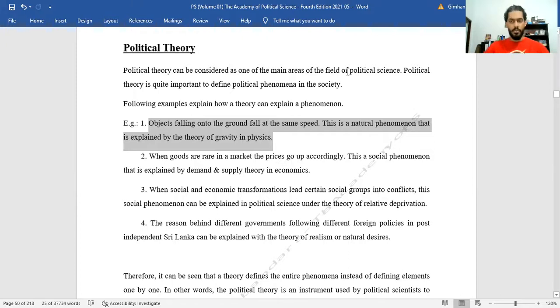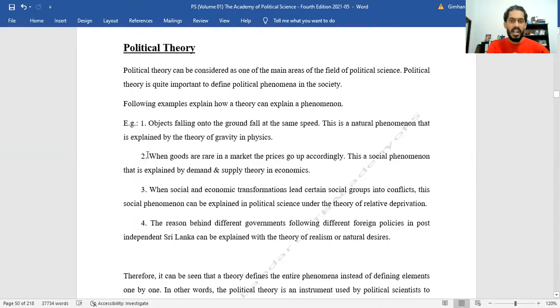So you can see when you drop a hammer and a ball, those 2 things fall onto the ground at the same time, same speed, and that's because the gravitational pull is 9.8 meters per second squared. So that is explained by the theory of gravitation in physics. It explains how that scenario happens. Why do things fall onto the ground, and why do things fall at the same speed?